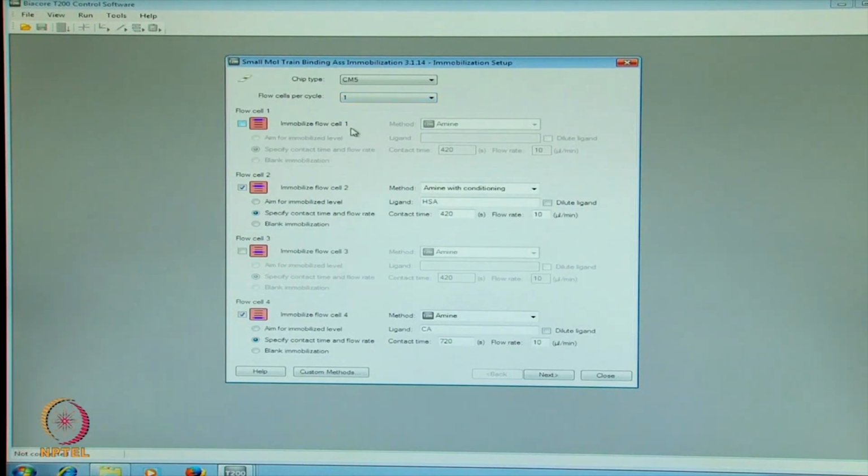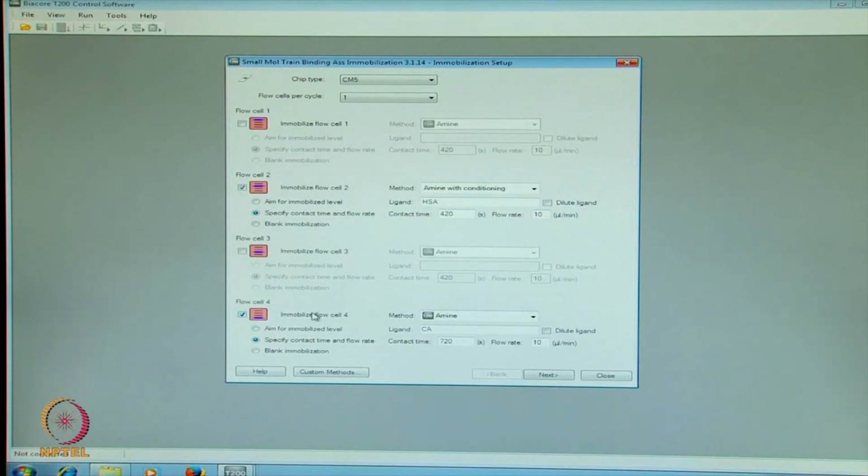On flow channel 1, we leave it blank, and flow channel 3 also we leave it blank. Flow channel 2, human serum albumin is immobilized with a specified contact time of 420 seconds and flow rate of 10 microliter per minute.